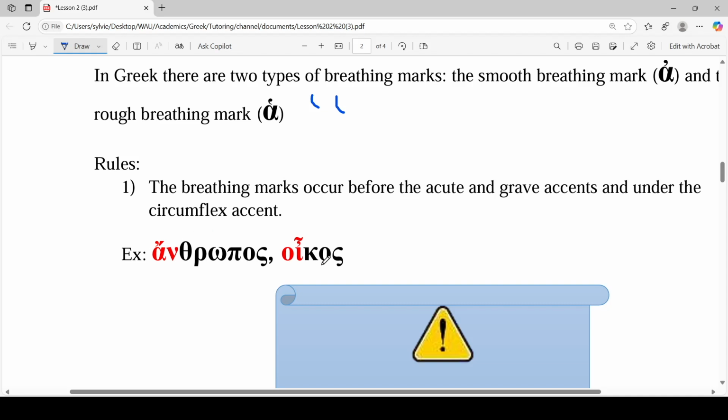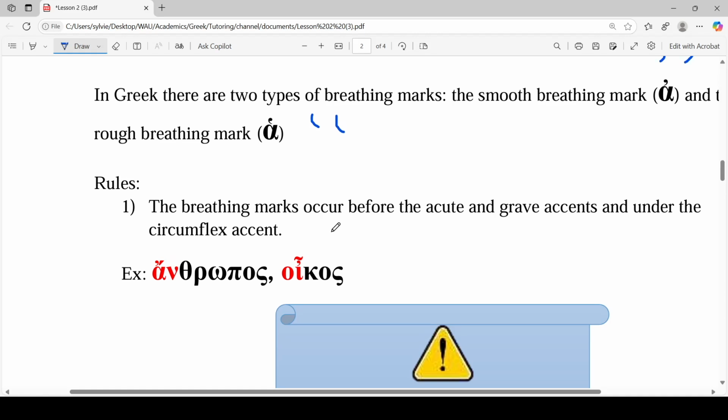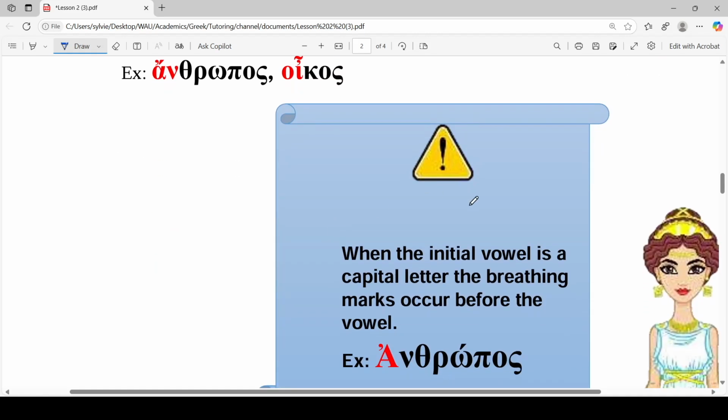In the word oikos, since the accent is a circumflex accent, the smooth breathing mark occurs under the circumflex accent, which serves as a hat or a cover, like a lid over this little breathing mark. Okay, so that's the only rule we have for breathing marks, and it's about their position.